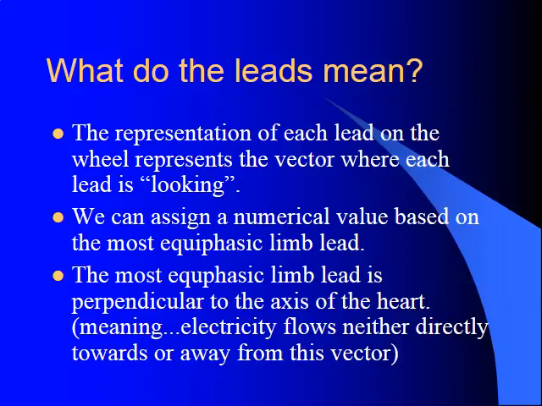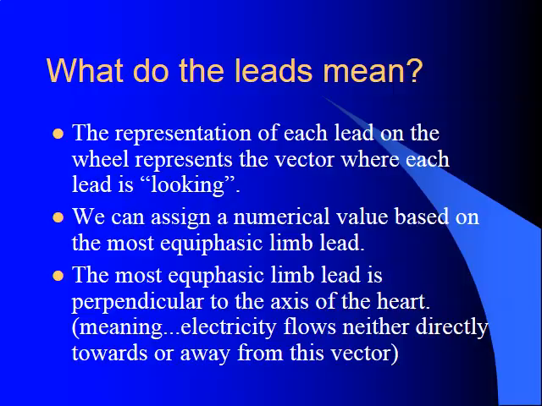Whenever we look at our wheel with our leads listed on there in the cheat sheet that I gave everybody, what we're really looking at is a representation of the vector where each lead is looking. As we look at the numbers assigned to each lead, if that is the lead where we are looking, then that is the flow of electricity.